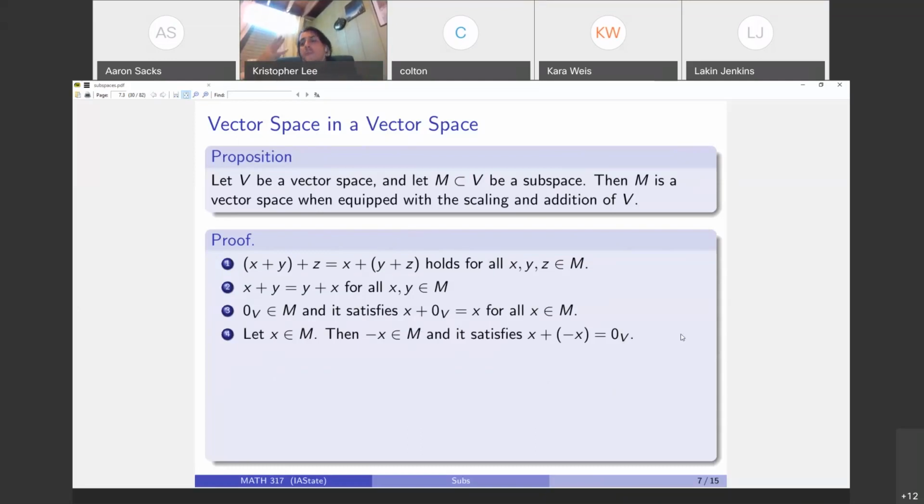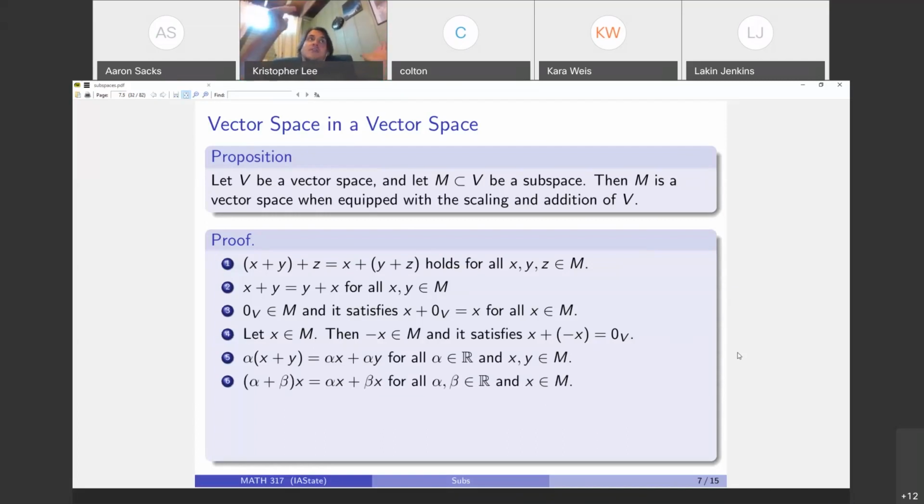Okay, so the 4 main addition axioms, easily checked off, they all work. So what's left? All the scaling axioms, and all of the scaling axioms are even more boring because, again, the scaling, we're taking it from V. It already satisfies everything for elements of V, so it will satisfy all of them for elements of M, because M is contained in V, so they're elements of V. So distributivity works the way we want it to.